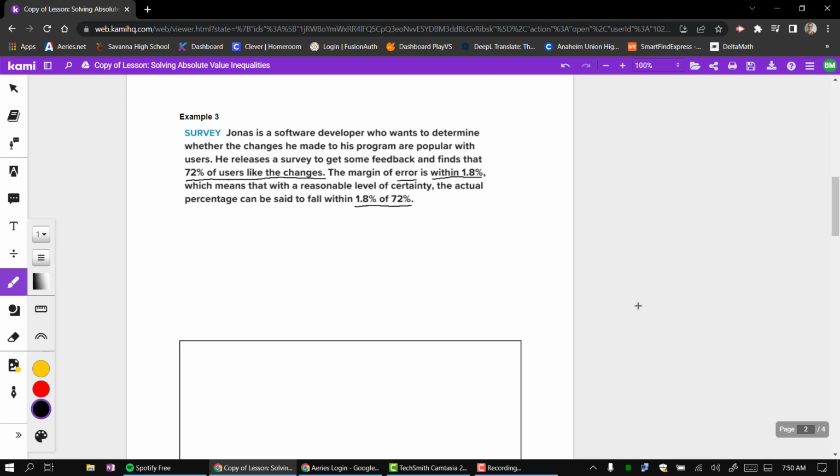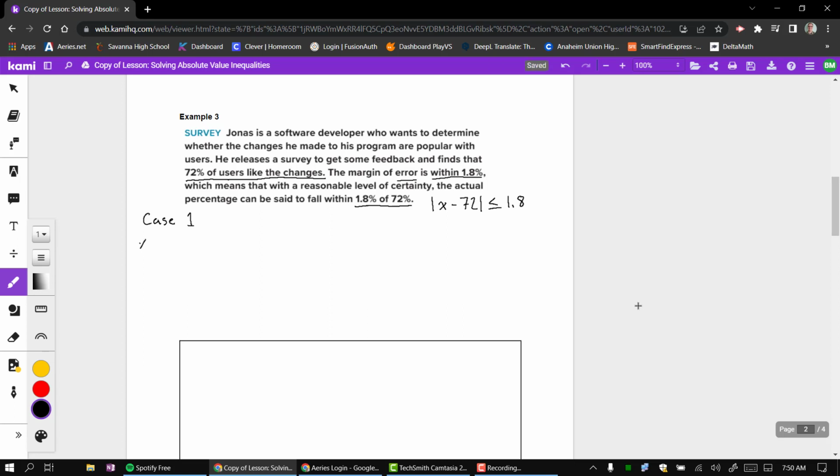So the inequality statement is the absolute value of x minus 72 is going to be less than or equal to 1.8, because that's our margin of error that we're falling in between. So case 1, what happens if this is a non-negative value?